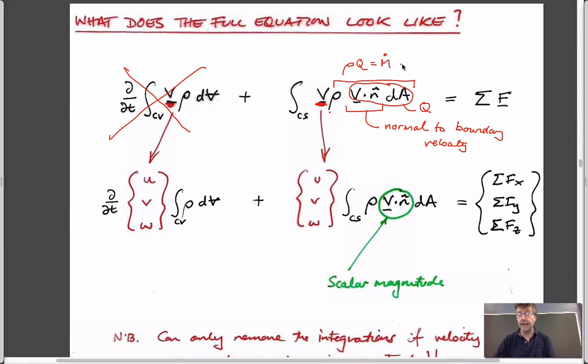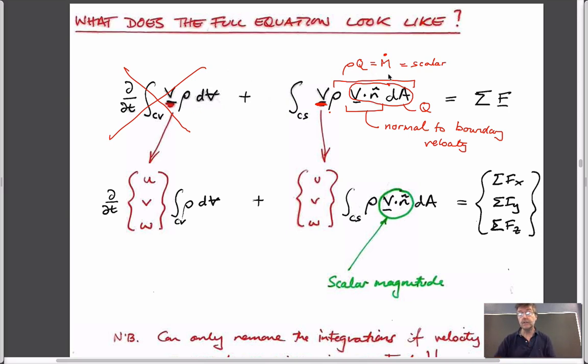So this is a scalar. It has magnitude but not direction. It's either into or out of a system, positive or minus, positive out, negative in.